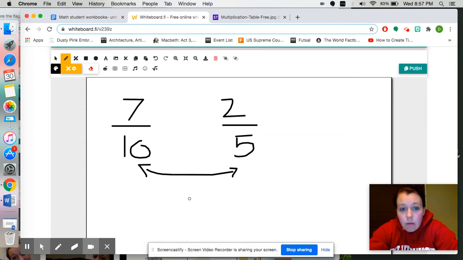So what we're going to do is put them into a table like this. I'm going to put factors of 10 on the top and factors of 5 on the bottom.